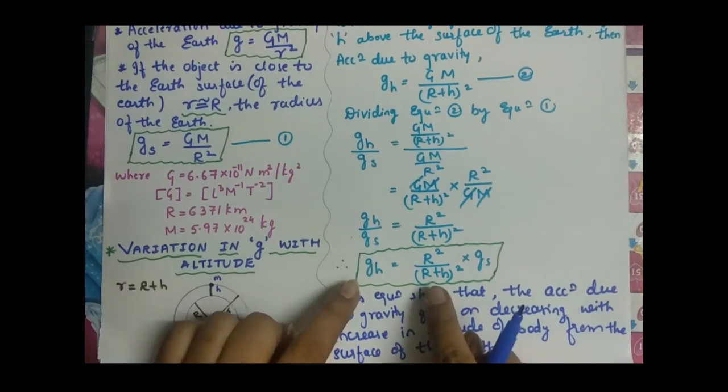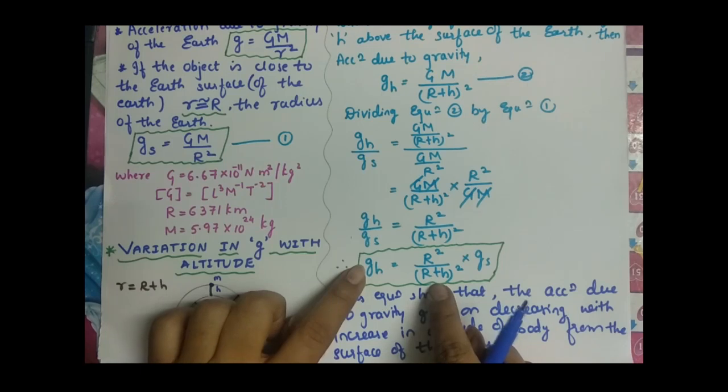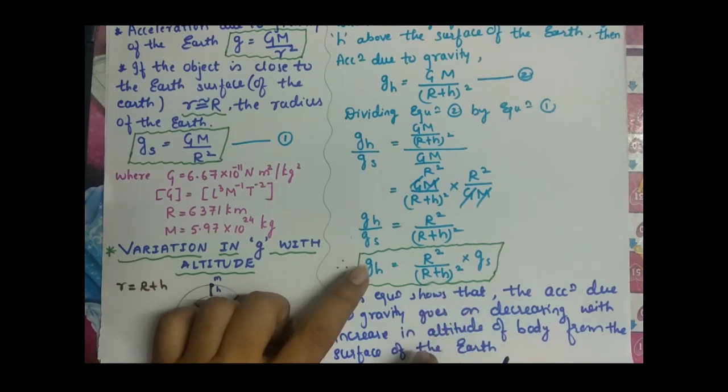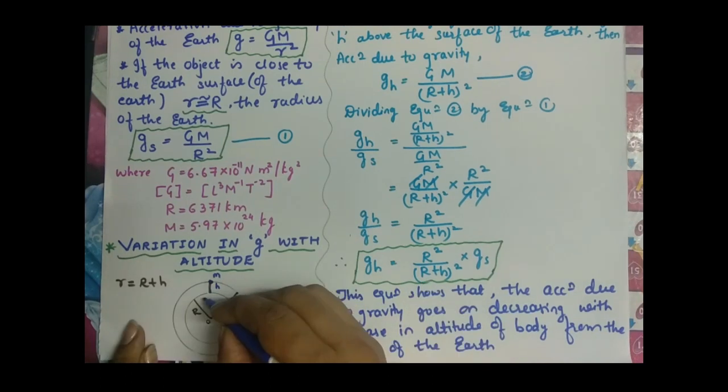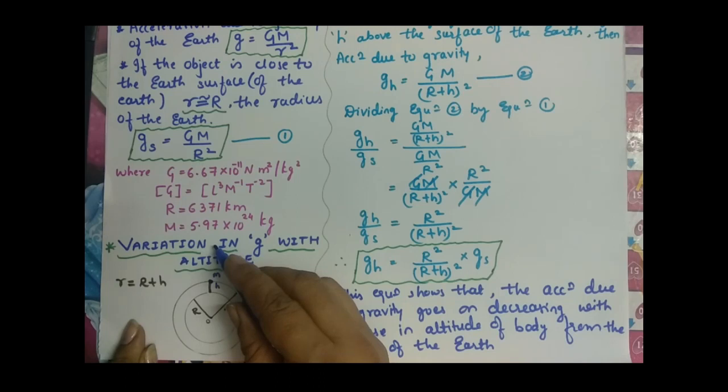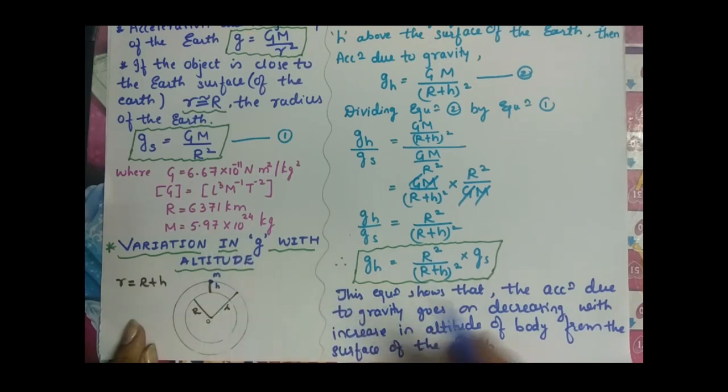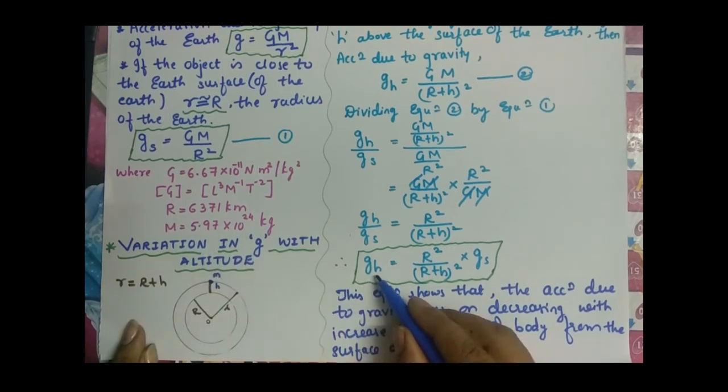Means, since they are inversely proportional, the gravity at height h goes on decreasing with increase in the altitude. See here, this is the earth's surface. However, you move far from the earth's surface, what will happen? The gravity goes on decreasing.